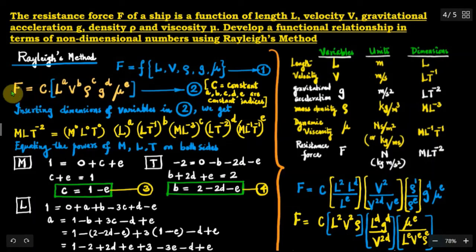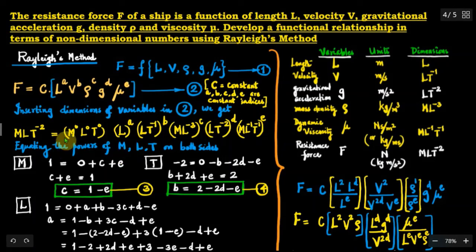So we will have force with dimension MLT^-2 equal to that constant C, a dimensionless constant, so M^0 L^0 T^0, into L raised to a, LT^-1 raised to b for the velocity, then ML^-3 raised to c for rho, and LT^-2 raised to d instead of G raised to d, and ML^-1 T^-1 raised to e instead of mu raised to e.